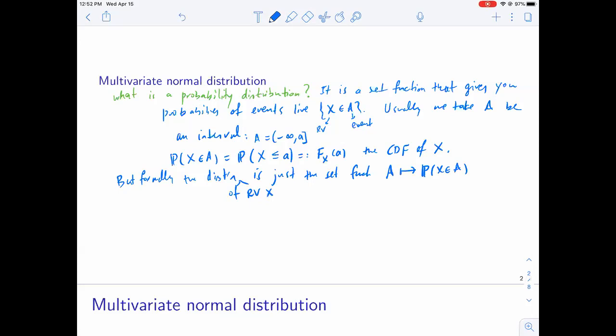Given any event, the distribution allows me to compute the probability that X lies in that event. One particular example is this interval.